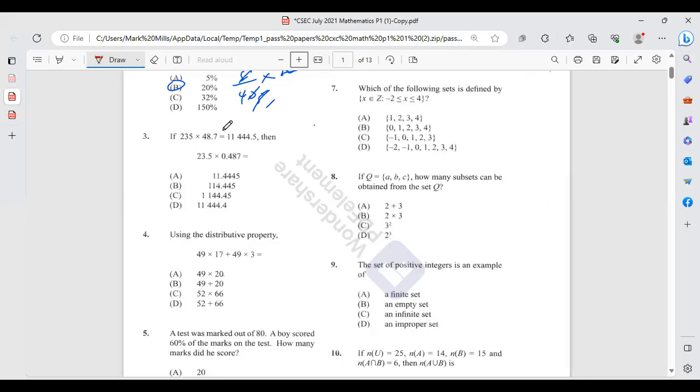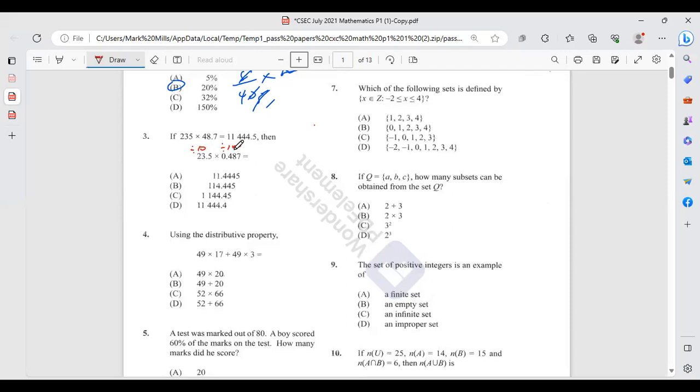So this one here, let's see what happened. They divided this one by 10, they got this. And they divided this one by what? They divided this one by 100, am I right? Everybody see that? Yes, sir.